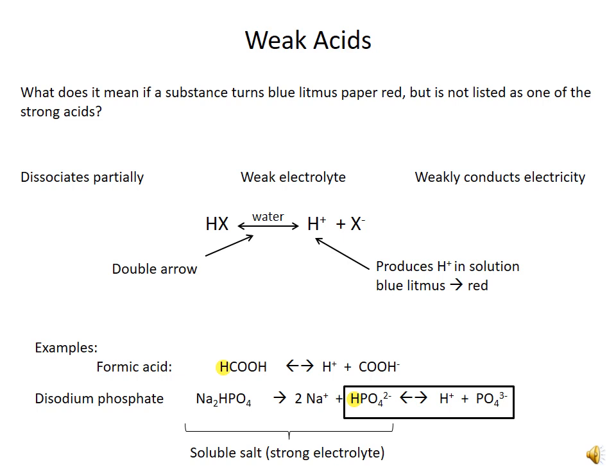And so it's this sort of secondary reaction, the dissociation of the hydrogen from the phosphate, that's causing the blue litmus paper to turn red. So just be aware in the laboratory there may be some scenarios where you see the litmus paper change color, but it looks like what you're starting with is a salt. So keep in mind that it's possible that there's a secondary acid-base reaction that might be occurring.